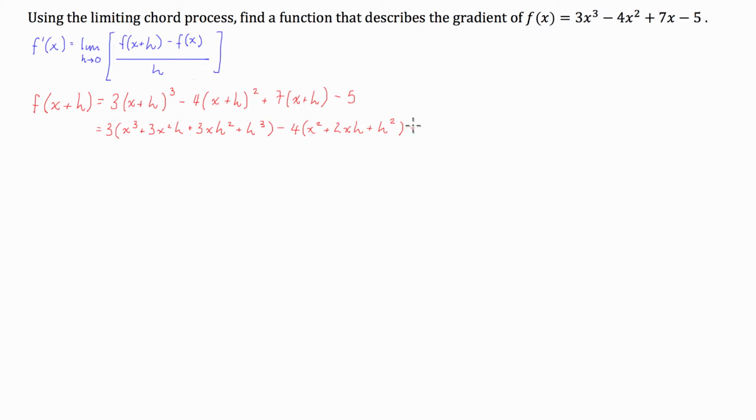Now I've got this plus. Now we can just multiply this bracket out, because it's going to be 7x plus 7h minus 5. Cool, we're almost there. So now we have to just expand using the 3 and the negative 4.